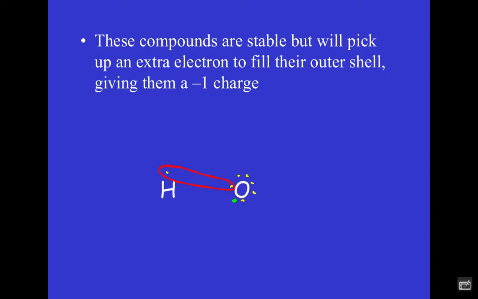If I gain an electron, just like with my ionic compounds, the whole group gains a -1 charge. If you look at the blue reference folder that I have given to you, you'll see that this is the polyatomic ion hydroxide.